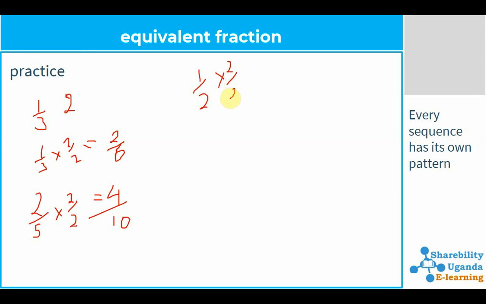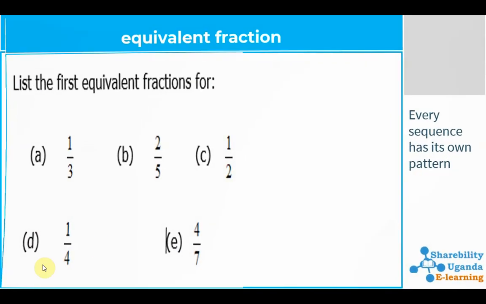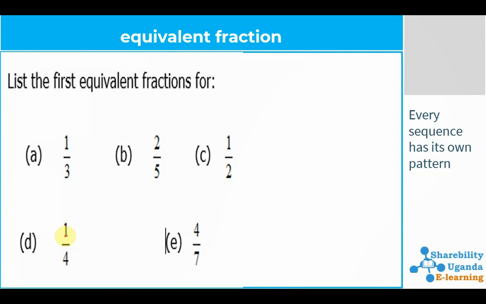So here we shall get 2 out of 4. Okay, so our equivalent fraction of 1 out of 2 is 2 out of 4, which is the same as 1 out of 2. Let's also get another number. We have 1 out of 4.